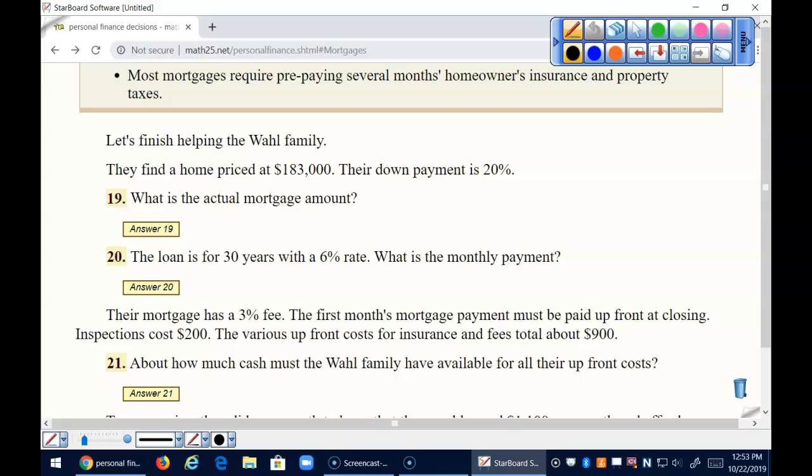20%. Okay, so we're doing this one. So 20%, so 0.2 times the 183,000. So 183 times 0.2.